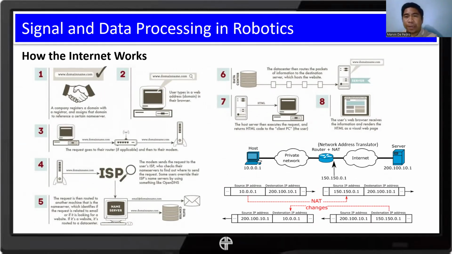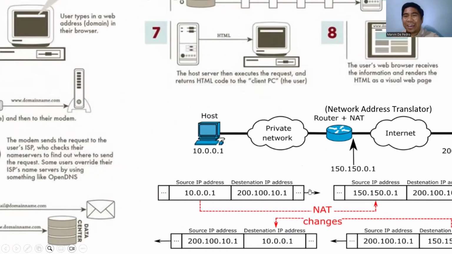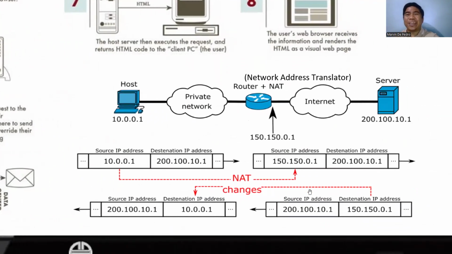NAT is, I forgot, sorry, Network Address Translator, right? So this one translates our private IP address into public and vice versa. Within our network, we use the private IP address, and outside we use the public IP address.